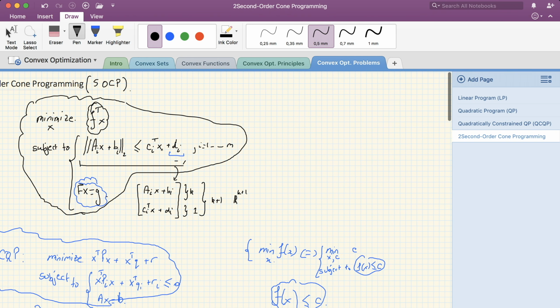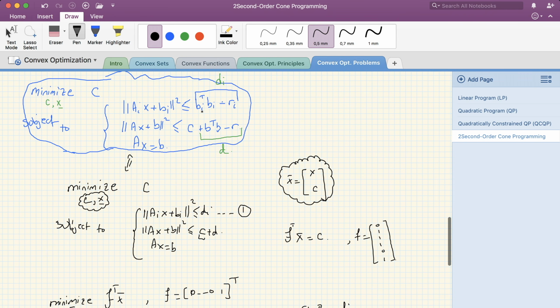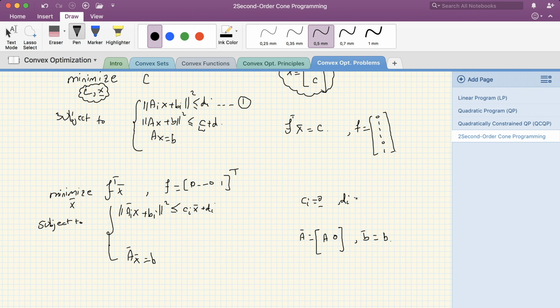I'm including this even though it's not there, so that we see what's the value of Ci. So Ci is clearly 0 because it's not there in 1, and di is just di right here, which was bi transpose bi minus ri, right? So I'll copy this here.